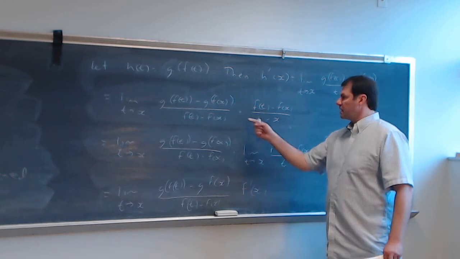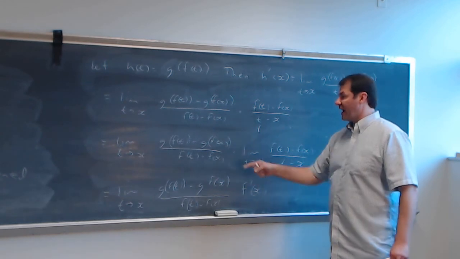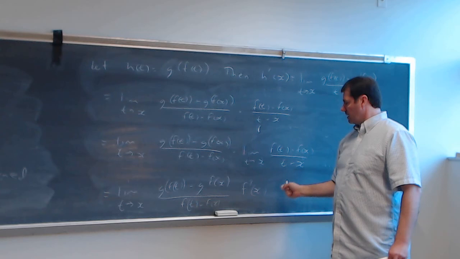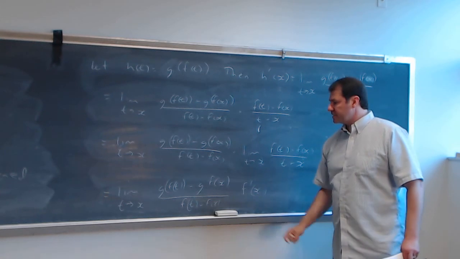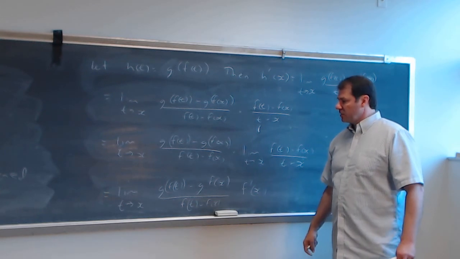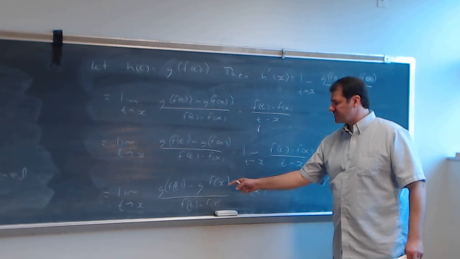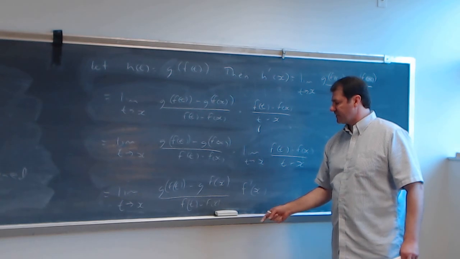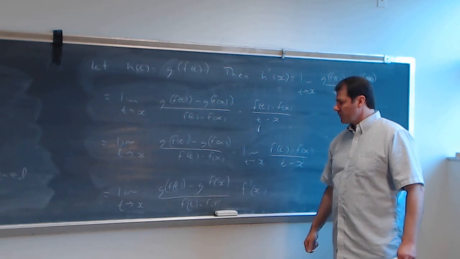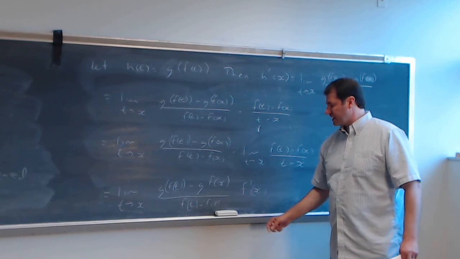I can do the limit of the product as the product of the limits provided each limit exists. One of them we knew exists. What we need to do is show that the limit as t goes to x of g of f of t minus g of f of x all over f of t minus f of x is equal to g prime evaluated at f of x.